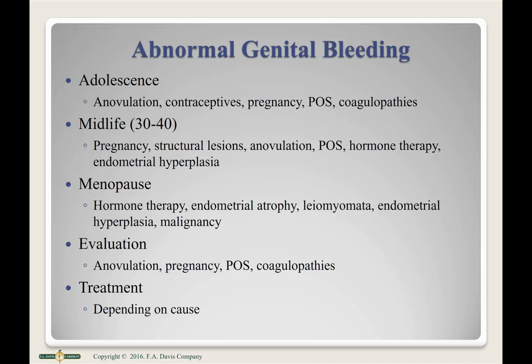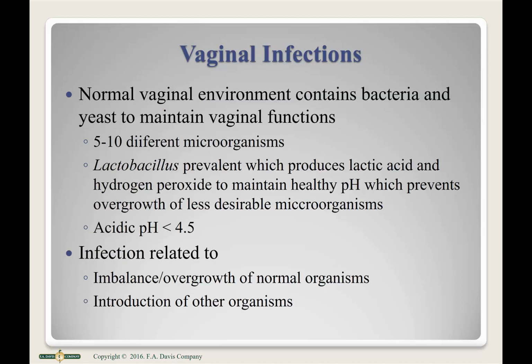Okay. Midlife, of course, we usually see things like pregnancy, some structural lesions. So she has some genitourinary lesions. She can be anovulatory. She can have PCOS. So you can see there are all these reasons why in these different life stages. These are the most common reasons why we would see abnormal genital bleeding. And then once we know what's causing it, we will know how to treat it. All right.